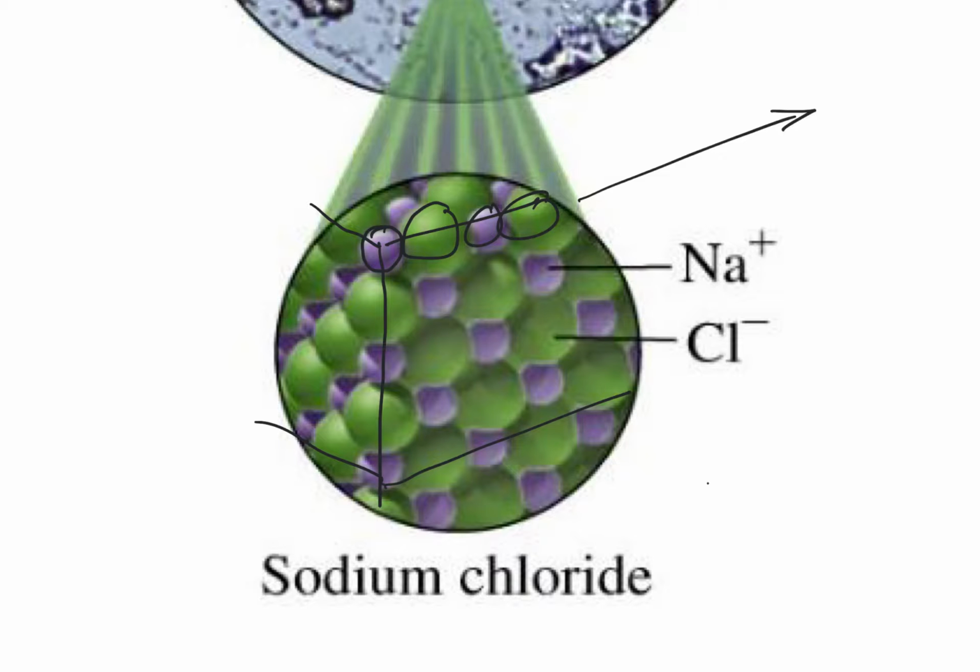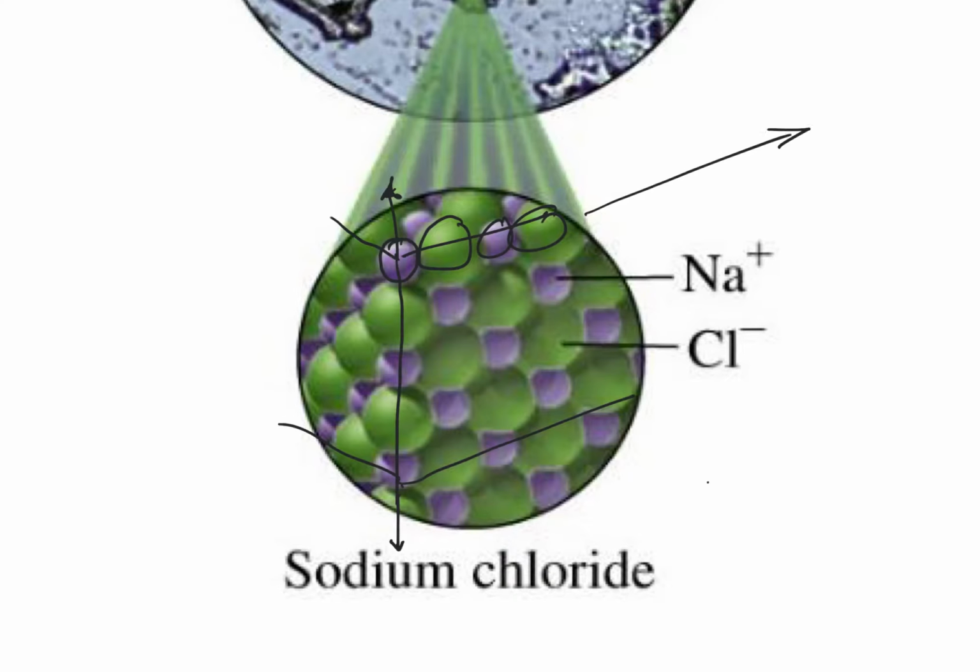It repeats in the XY coordinate plane. It goes up and down, repeating that pattern in the Z coordinate. And so it's just what we call a lattice of these ions, and they're repeated.